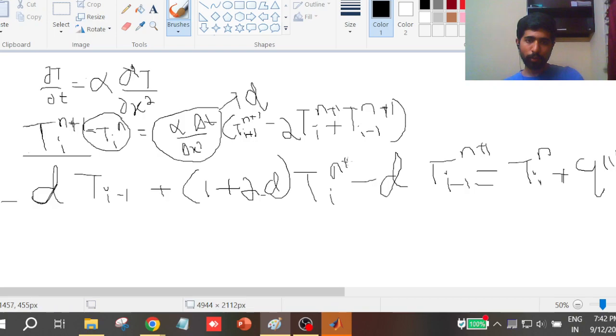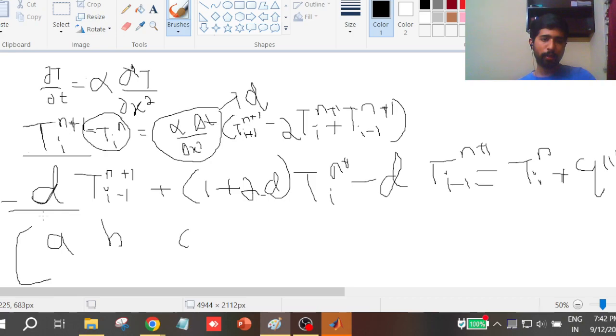So I have to solve this. You can clearly see that there will be only three terms in a row of the matrix. If you arrange this as A, B, C in a matrix, your A term will be minus D, C term will also be minus D, and B term will be 1 plus 2D.